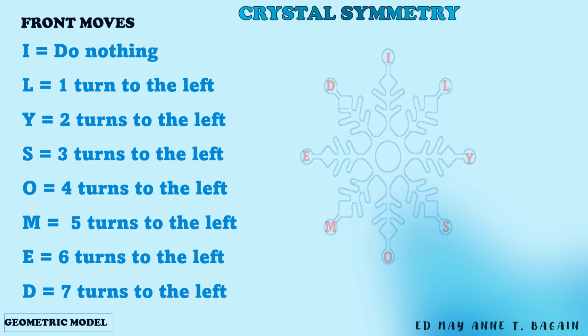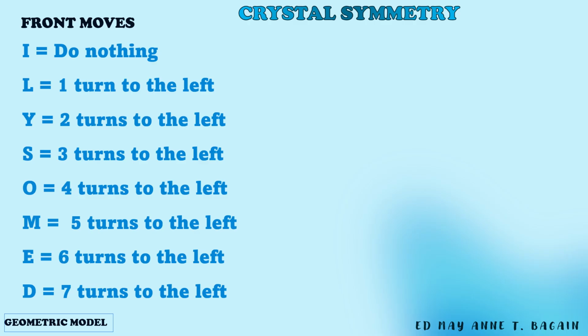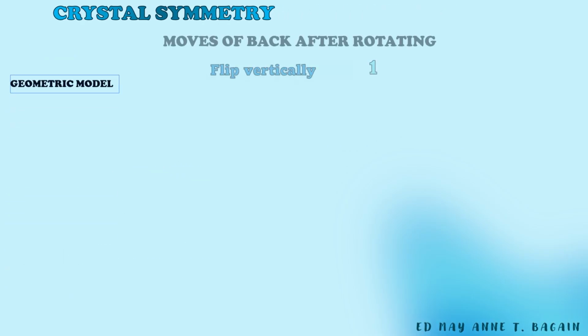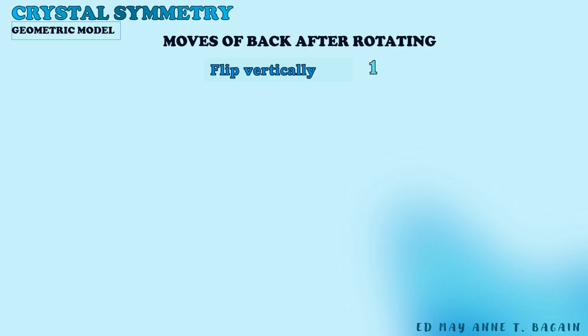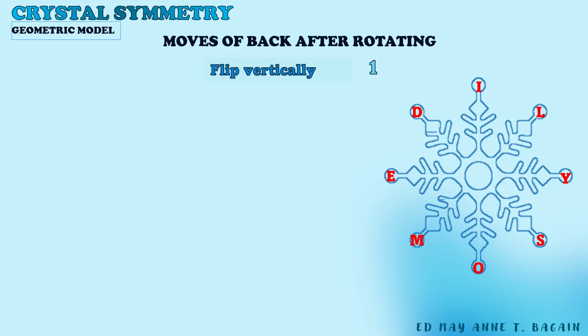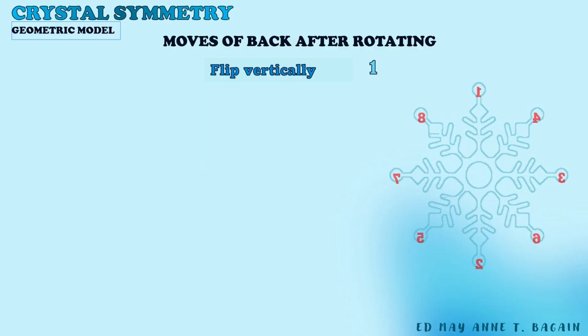And then let's check the back. As we can see, from I we flipped it vertically, and that is how we got the 1. So that would be the 1, flip vertically.